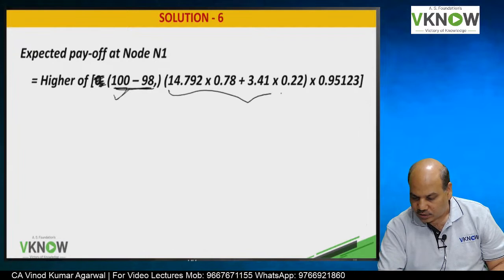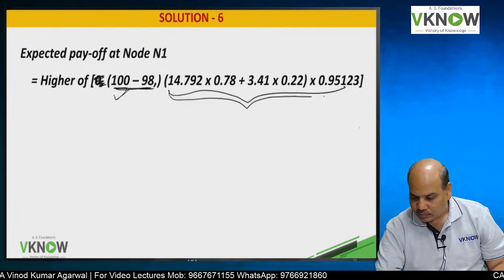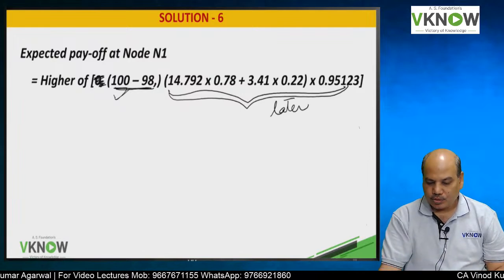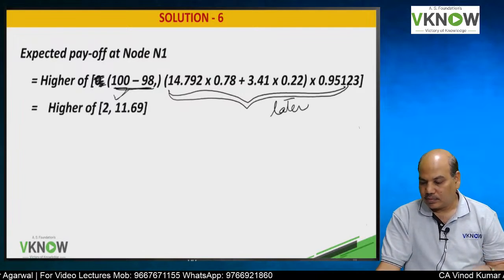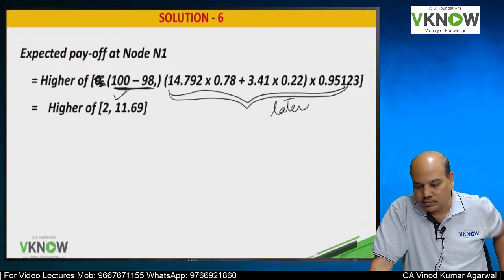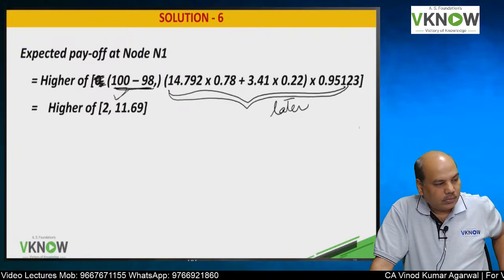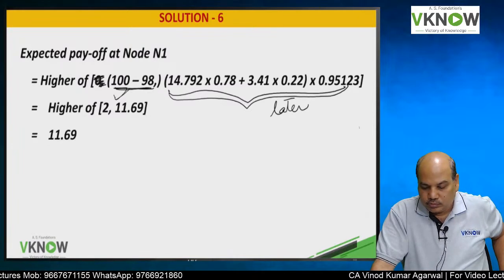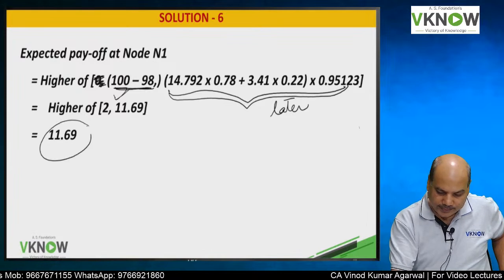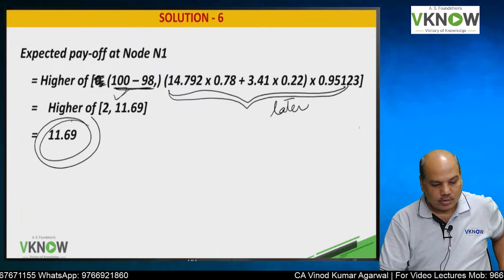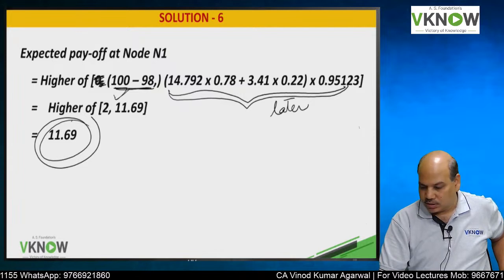If you exercise later, this will be the value of later exercise. So you have to simplify. You will get higher of 2 comma 11.69. So 11.69. This is the answer of this wonderful question number 6.